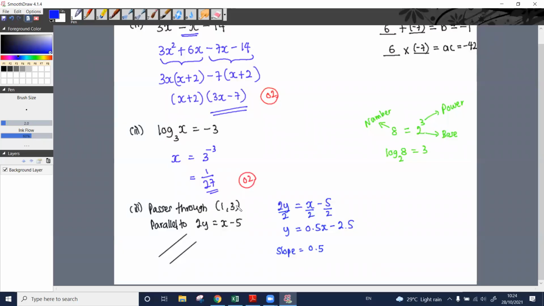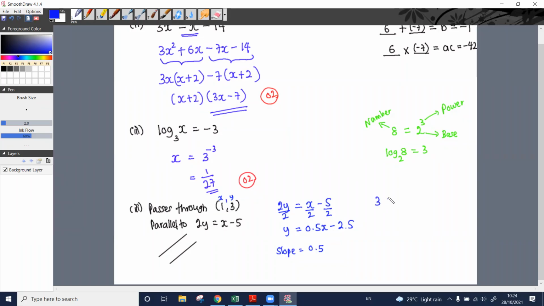We have been given this information: it passes through 1, 3. When the value of x equals 1, the value of y should equal 3.